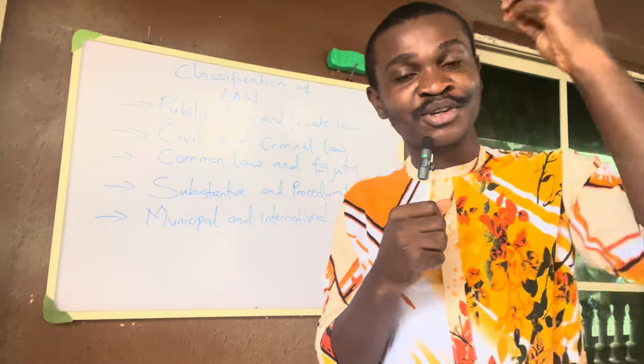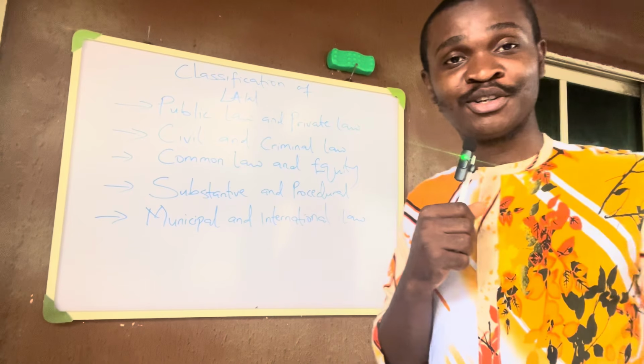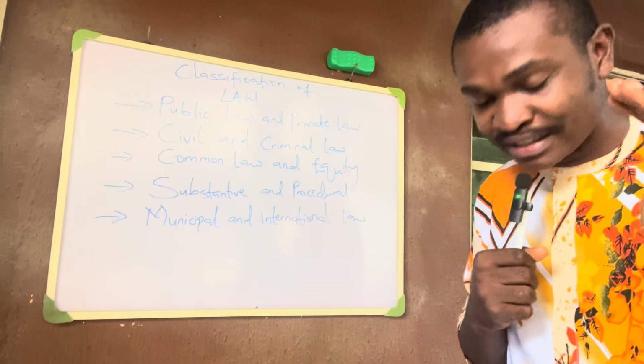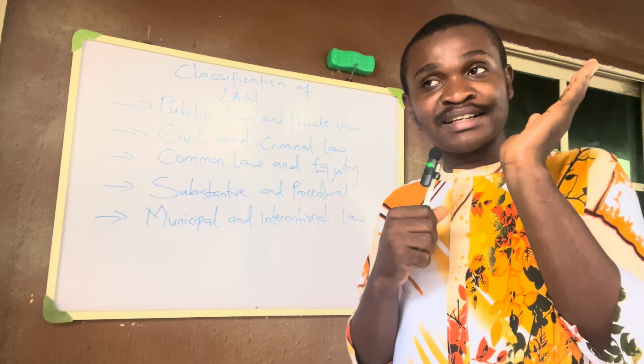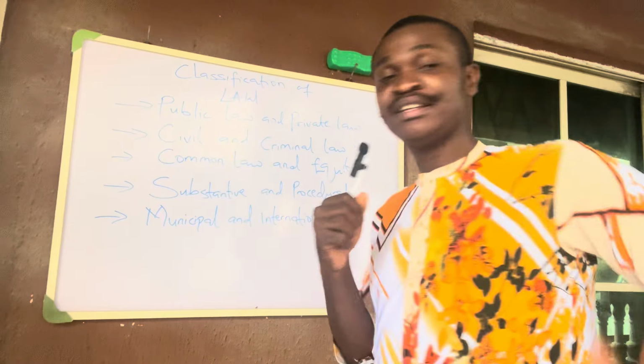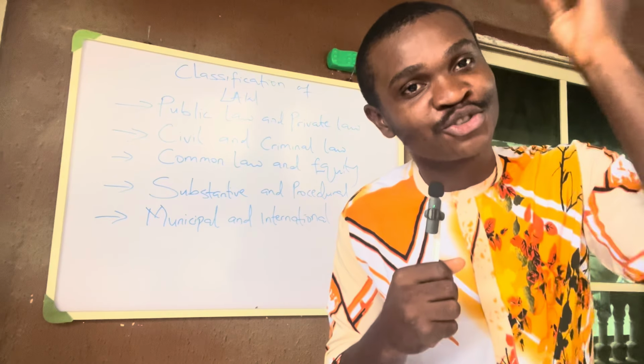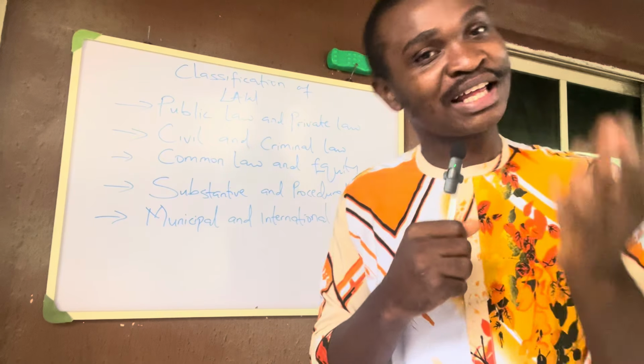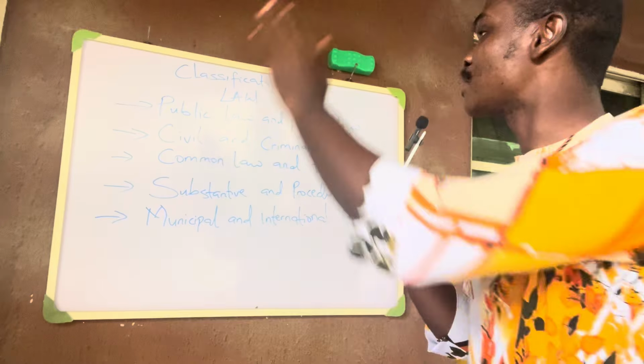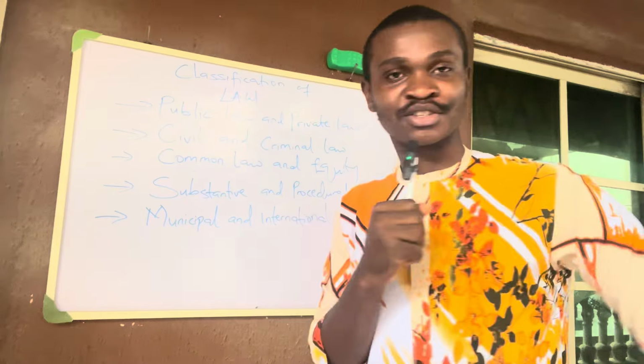So because of your knowledge of classifications of law, you have been able to classify this particular scenario within these classifications of law. And you cannot do it if you don't know the classifications of law. That is why I'm here, to teach you and to explain these classifications of law.